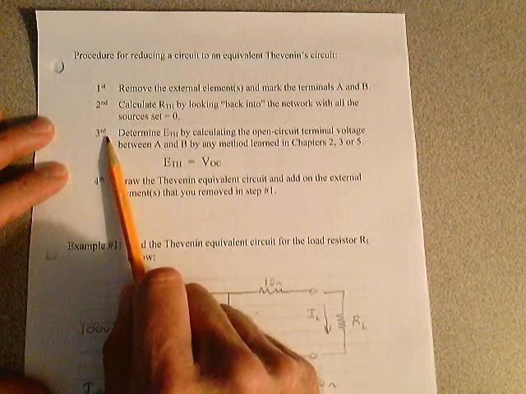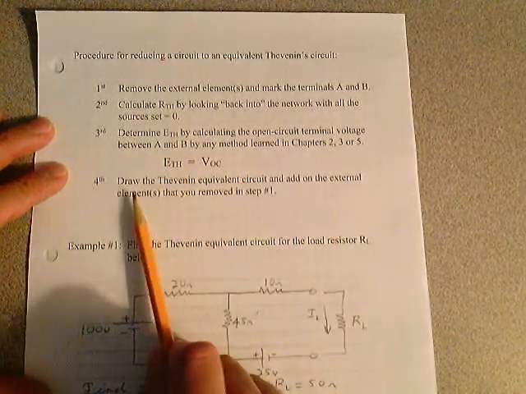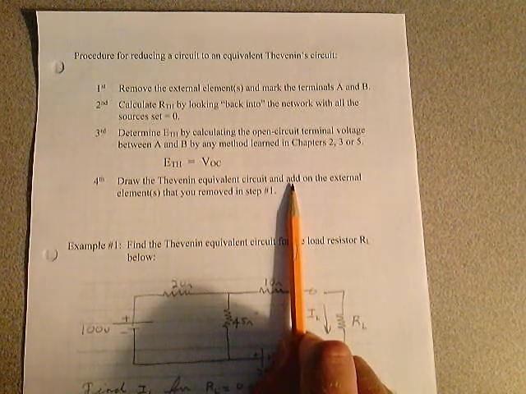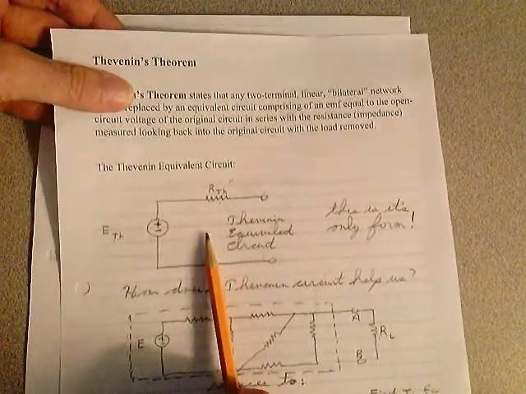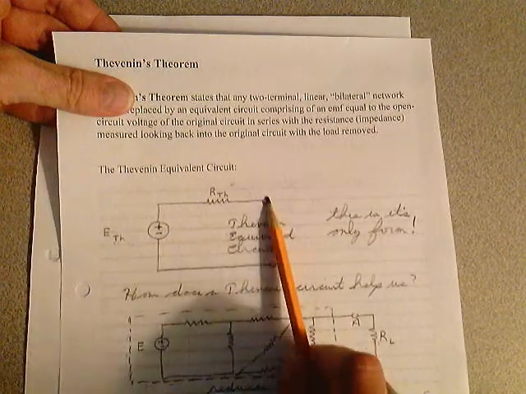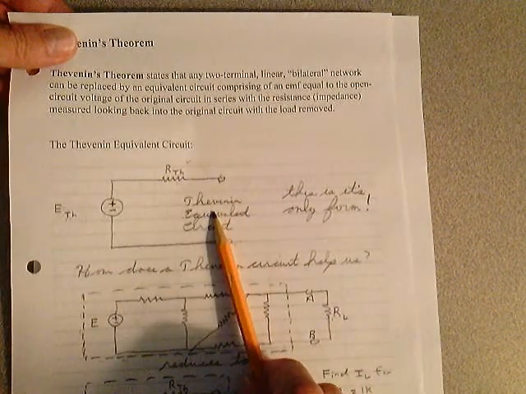By the time you get through step 3, you'll have your Thevenin voltage, you'll have your Thevenin resistance, and you redraw the circuit. So you redraw this circuit, the Thevenin equivalent, with the Thevenin voltage here and with the Thevenin resistance here, and then you place your external elements that you removed in step 1 back on here, and you make your analysis.